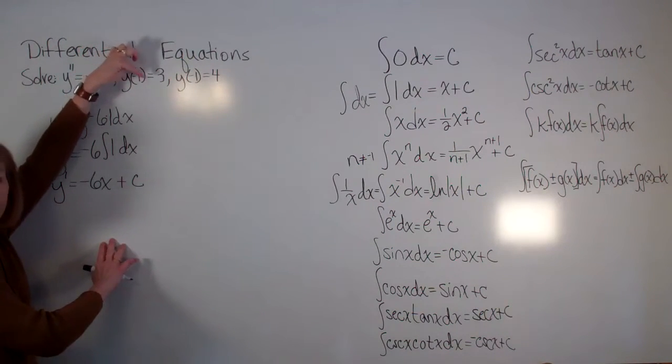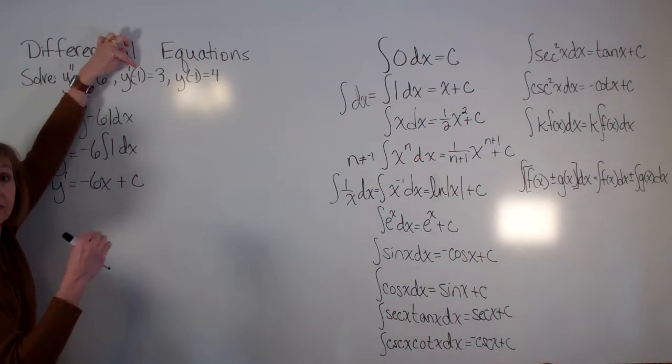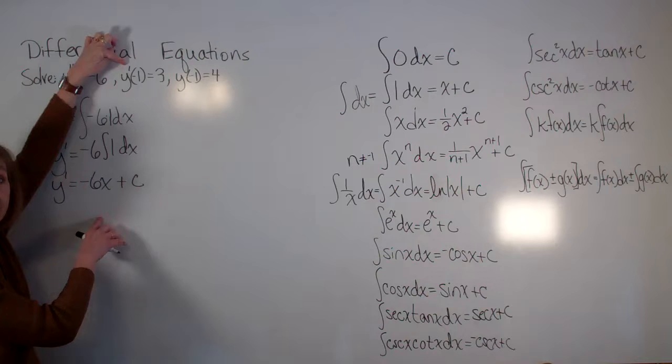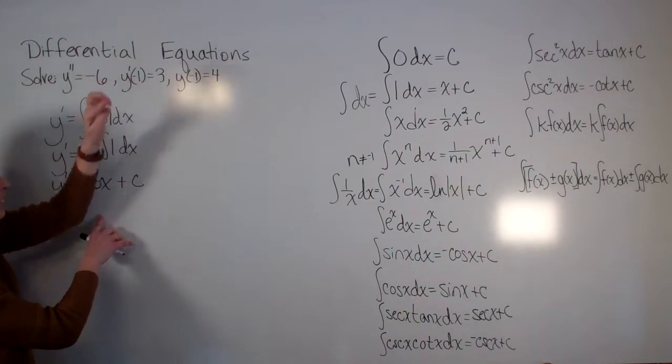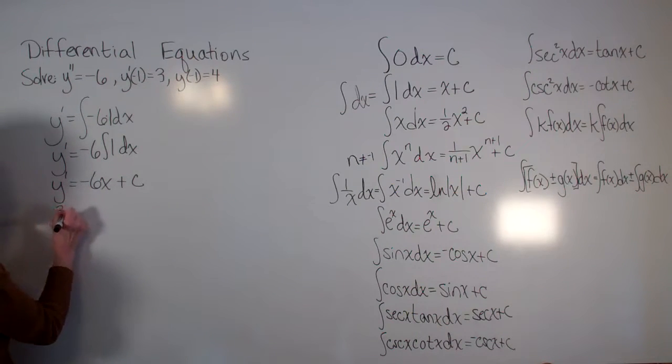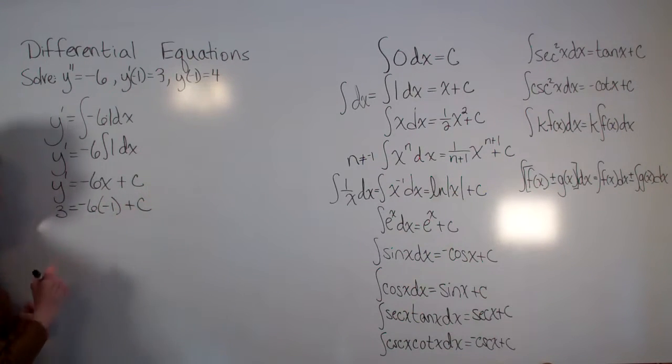Now this y prime of -1 equals 3 means that if you put -1 in for all the x's in the derivative, then the value you get out for the derivative is 3. So 3 is on the y prime side, and I'm going to put a -1 in for the x on the right side.